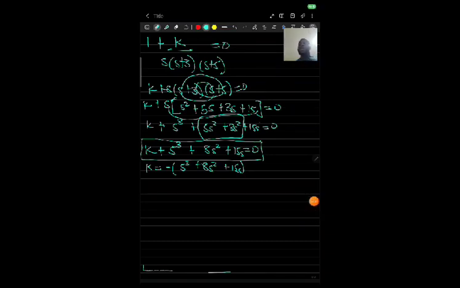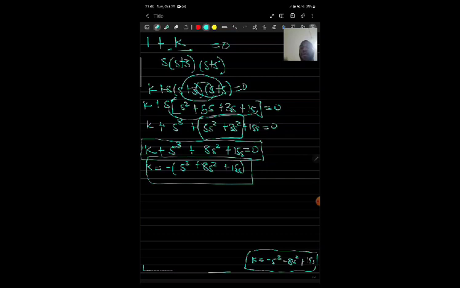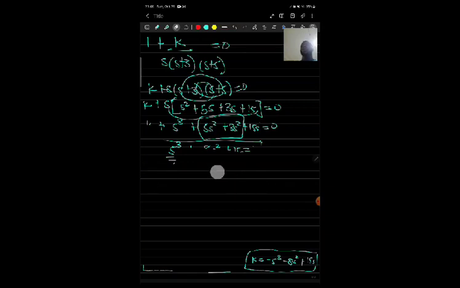We can leave this here for now and write it somewhere else so we don't mess up. So k equals minus of s cubed plus 8s squared plus 15s. We can leave this here for reference because we'll come back to it. So let me get this cleaned.